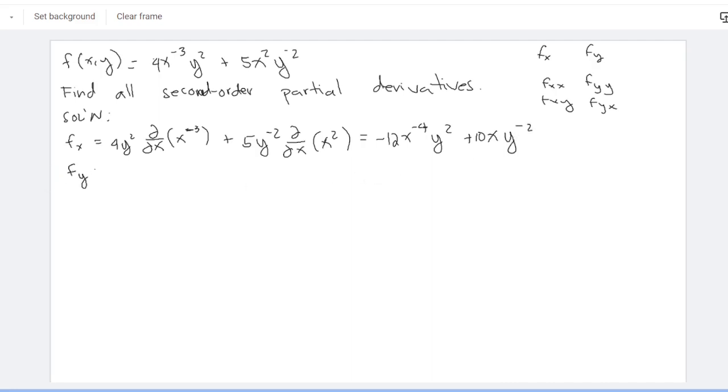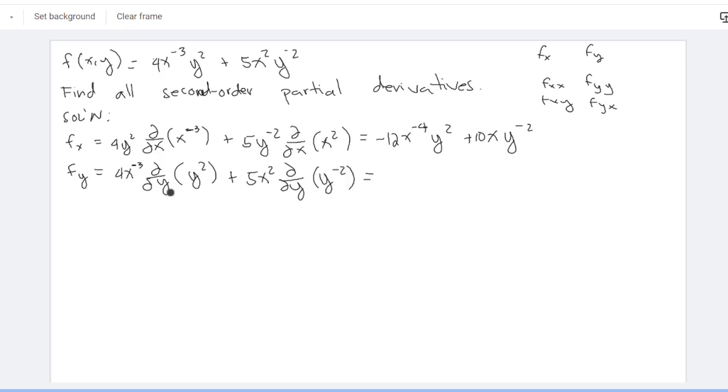And then our fy will be 4x to the negative 3 times the partial derivative with respect to y of y squared, plus 5x squared times the partial derivative with respect to y of y to the negative 2.